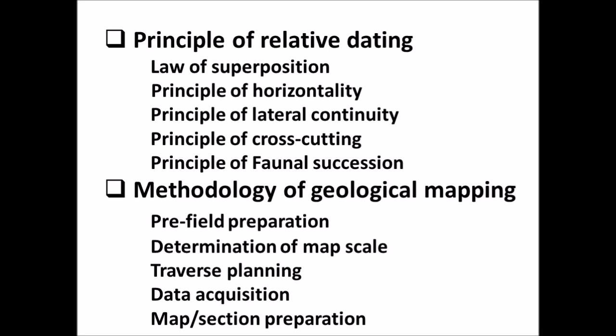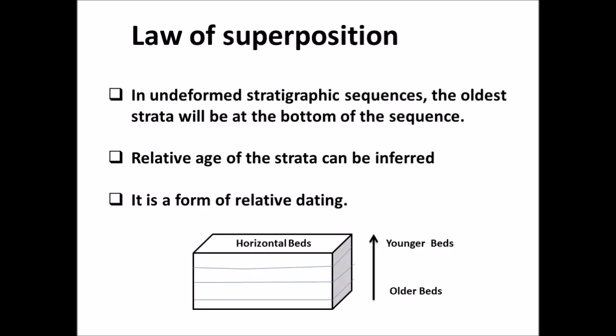The second point is we should adopt a proper methodology for geological mapping. The stages include pre-field preparation, determination of map scale, traverse planning, data acquisition, and finally map and section preparation. So we'll see them one by one.